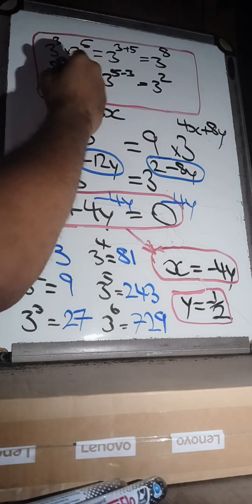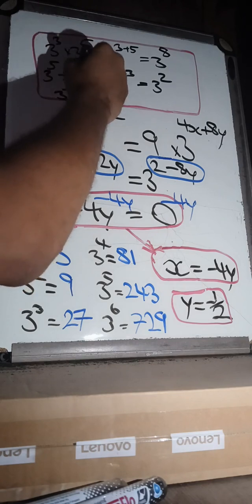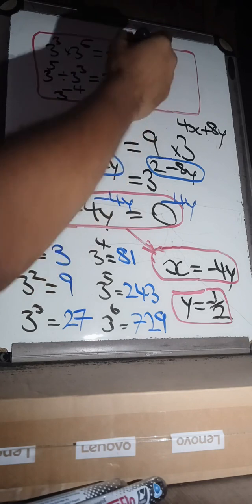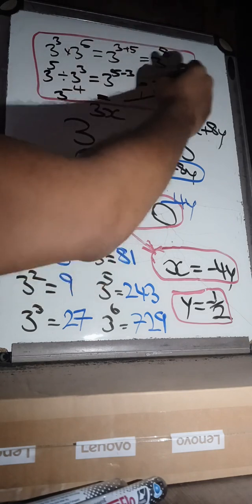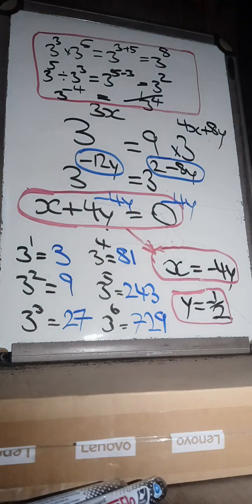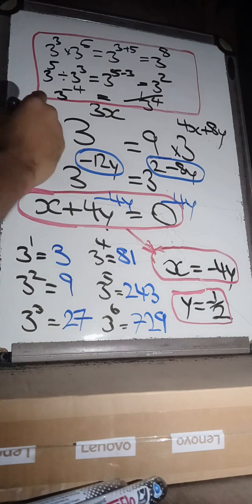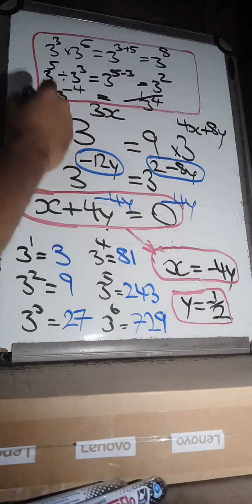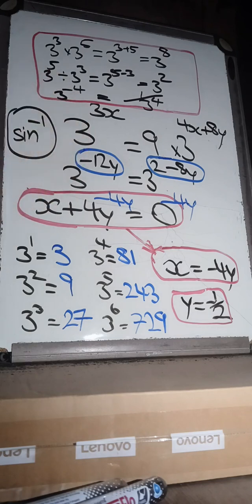Let's say I had 3 to the minus 4. 3 to the minus 4 is the same as 1 divided by 3 to the 4. And that's the reason why when you're dealing with a lot of things in maths, especially with later topics like trigonometry, when you see something like sine to the minus 1, then that principle comes from indices.